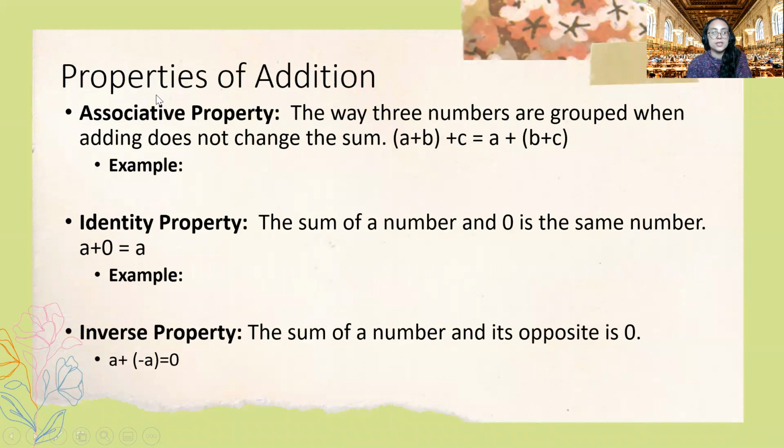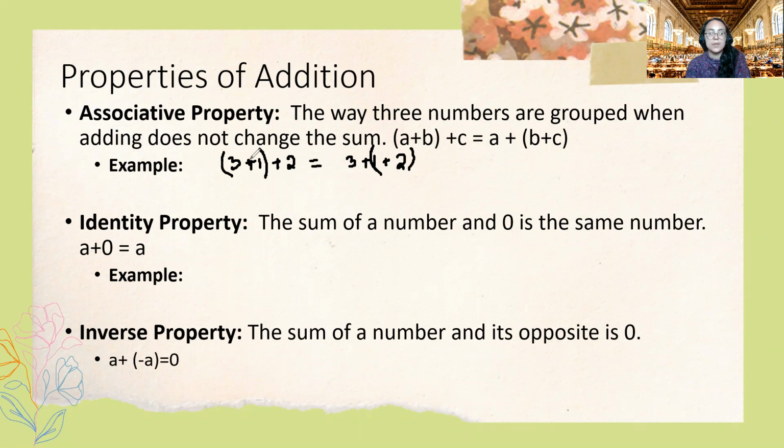So let's continue. We also have the associative property, which tells us that the way in which three numbers are grouped when adding does not change the sum. So let me give you an example. If I have 3 plus 1 plus 2 and 3 plus 1 plus 2, if I decide to add 3 plus 1 first in this group and then add 2, it's going to be the same thing if we decided to instead add 1 plus 2 first and then add 3.